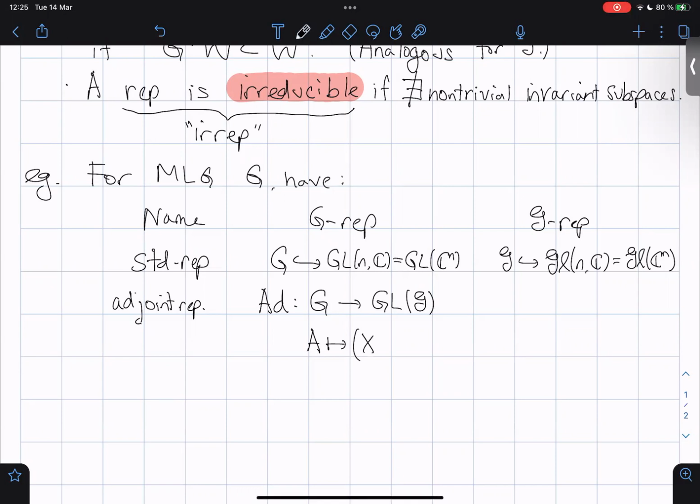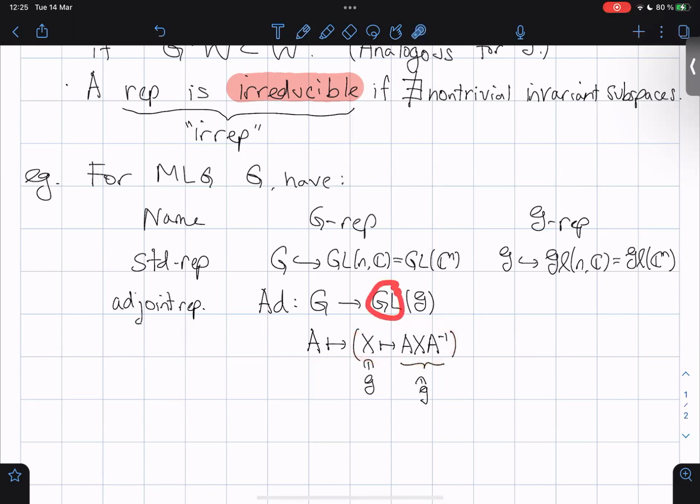It's the transformation that takes as input some X in g, and then I'm just going to conjugate it, A X A inverse. This result also is in g. Because A is invertible, this linear transformation is invertible.